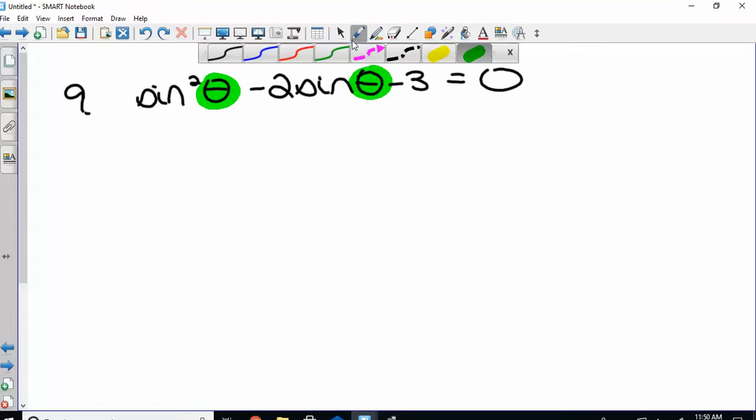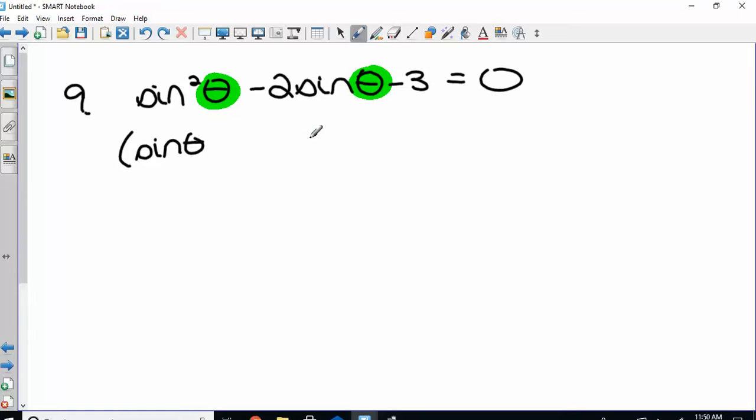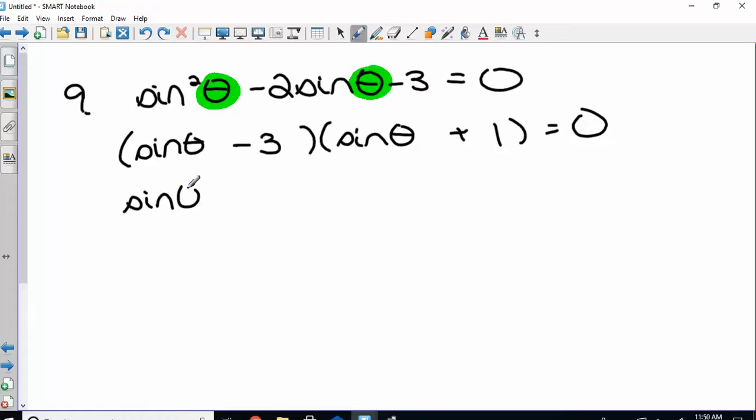Sometimes one of them is theta and one's 2 theta, so we have to use a formula. If the angles are the same, my trig functions are the same, we can just factor. Sine squared theta breaks into sine theta and sine theta. Multiply to negative 3 and add to negative 2. What would that be? So set each one to 0.